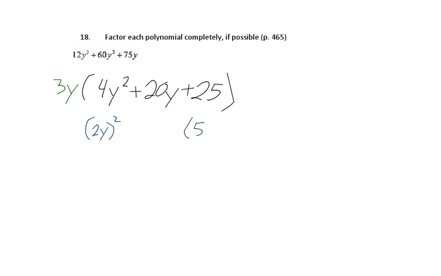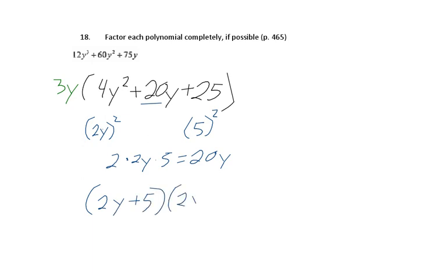This becomes 5 squared. And 2 times 2y times 5 is 20y, which is in the middle. So you can rewrite this as 2y plus 5 and 2y plus 5 again. And the 3y that we took out earlier just comes down. So that's your answer.